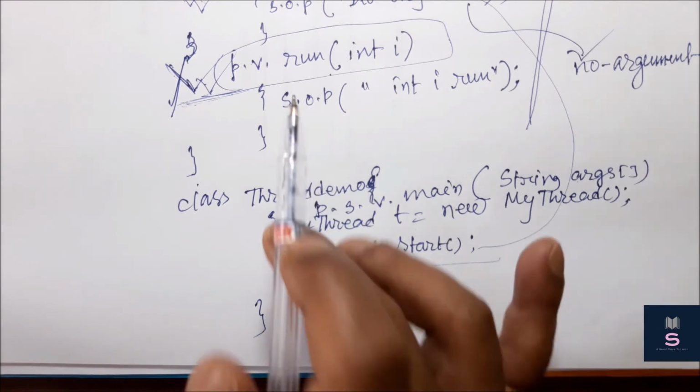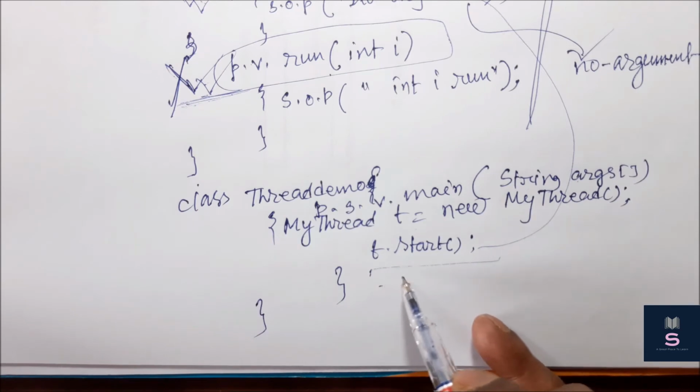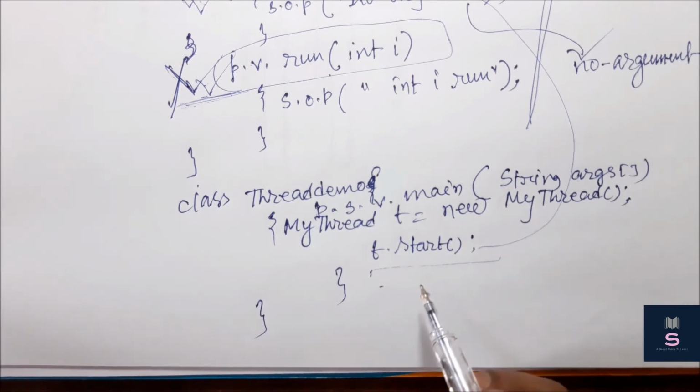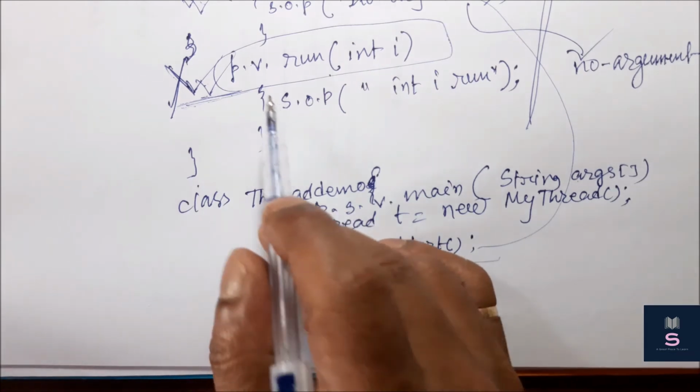If I want to call this method, we have to explicitly call t.run and pass some value. So overloading is possible, but the start method only calls the no-argument run method. So the overloaded method will be treated as a normal method. It is a normal method and we will have to call it explicitly.